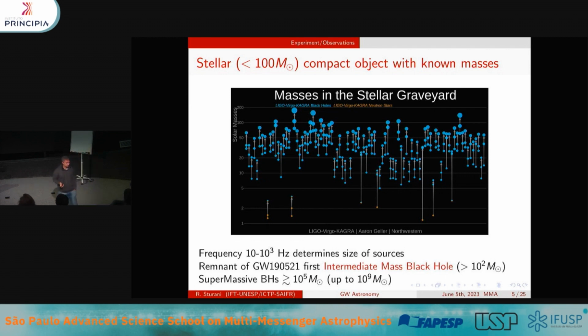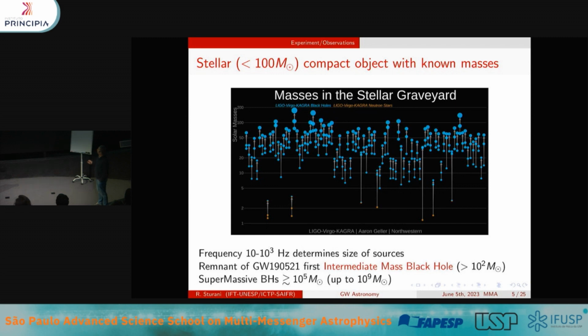Two orders of magnitude is still fine. So up to 100 solar masses, that's a solar mass black hole. Beyond 100 solar masses, we are not really sensitive, so it would be really nice to start seeing those too.